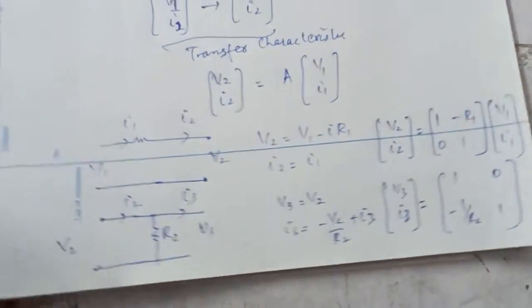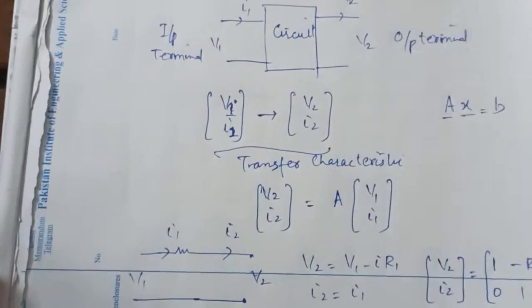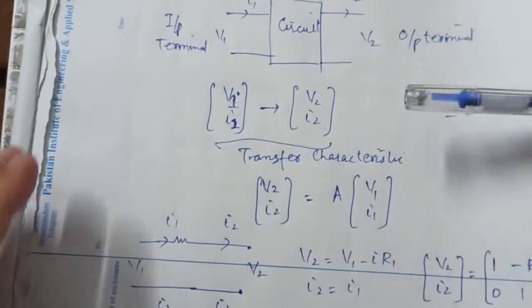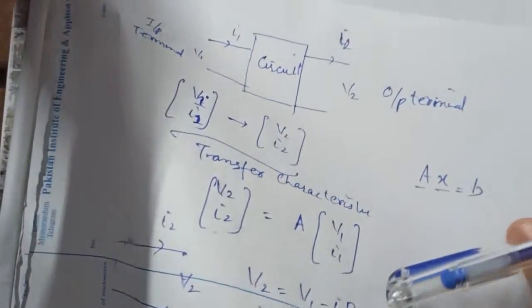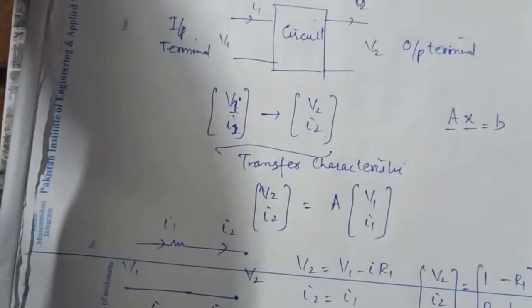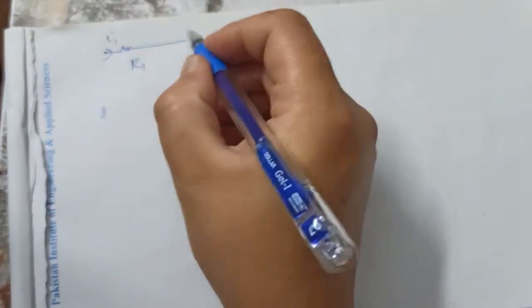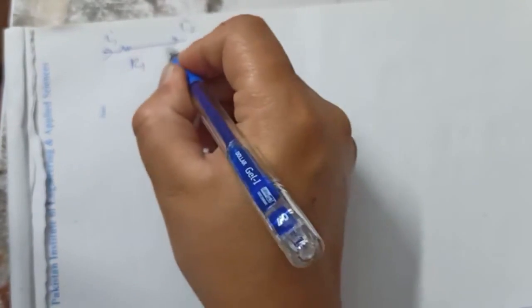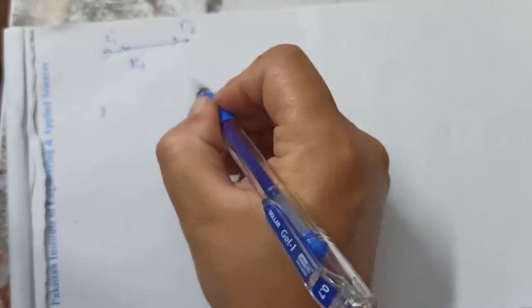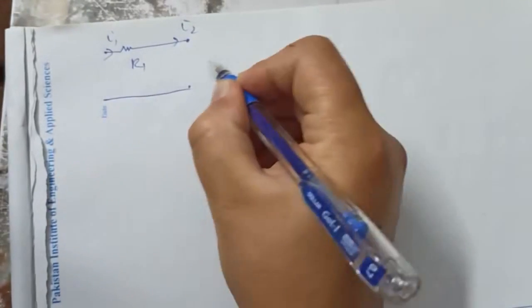Now what we can do here is cascade these circuits, which can be like that. Here is R1, I1, and here is I2. The voltage here is V2.